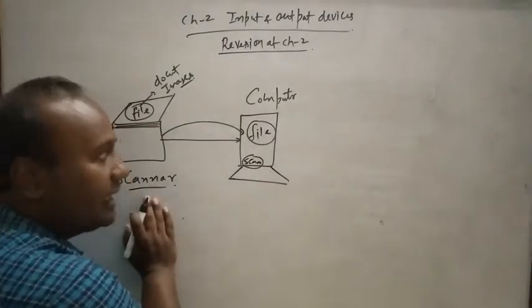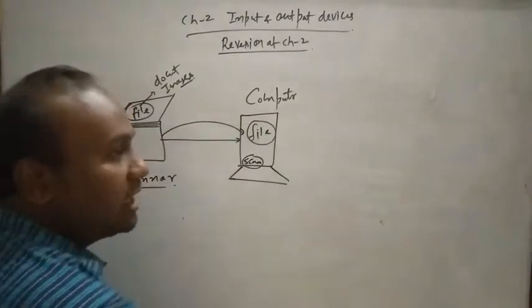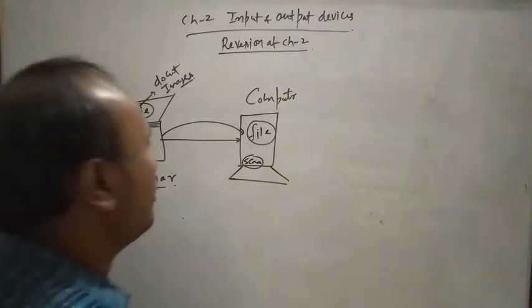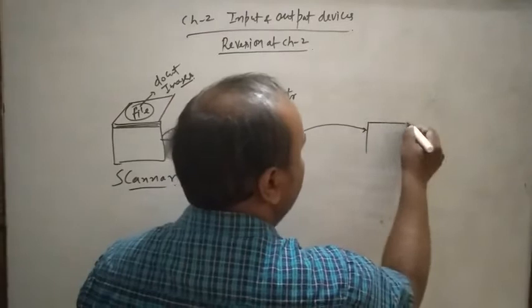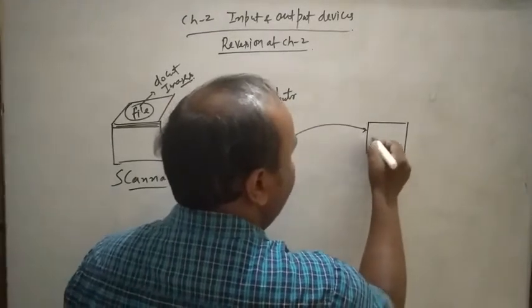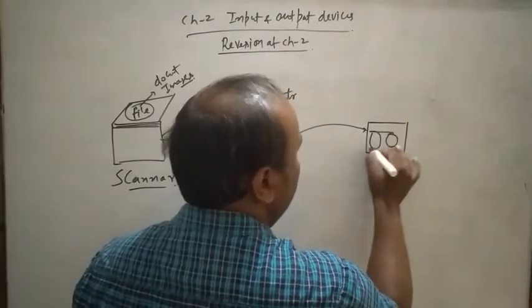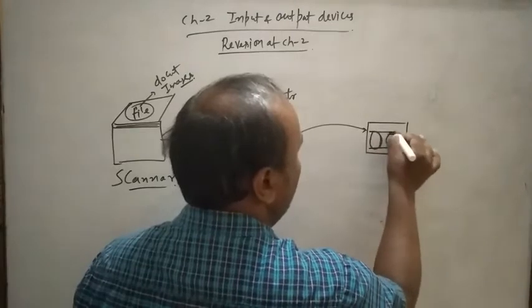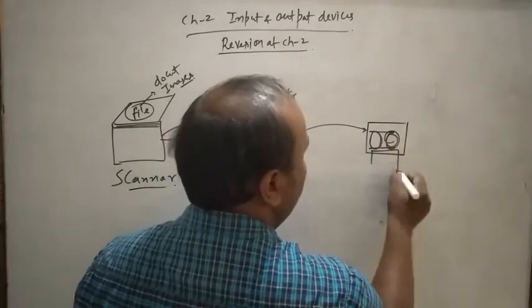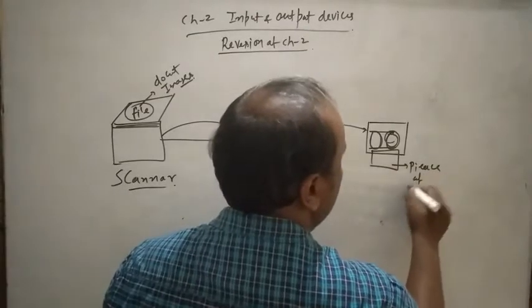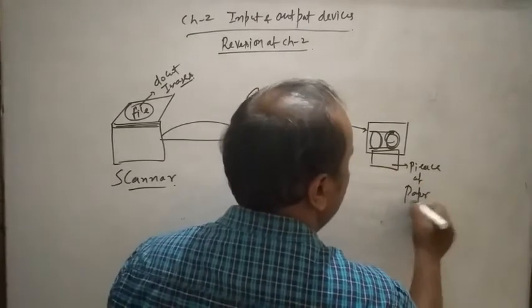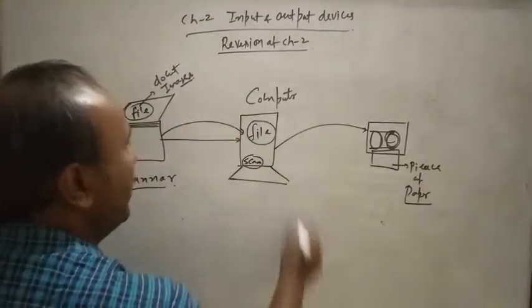But if we talk about the printer, suppose whatever file is present, if you want to take a printout of a particular copy, the device is an output device. Output device means the printer. Like that, this one is the printer. Here is a piece of paper.